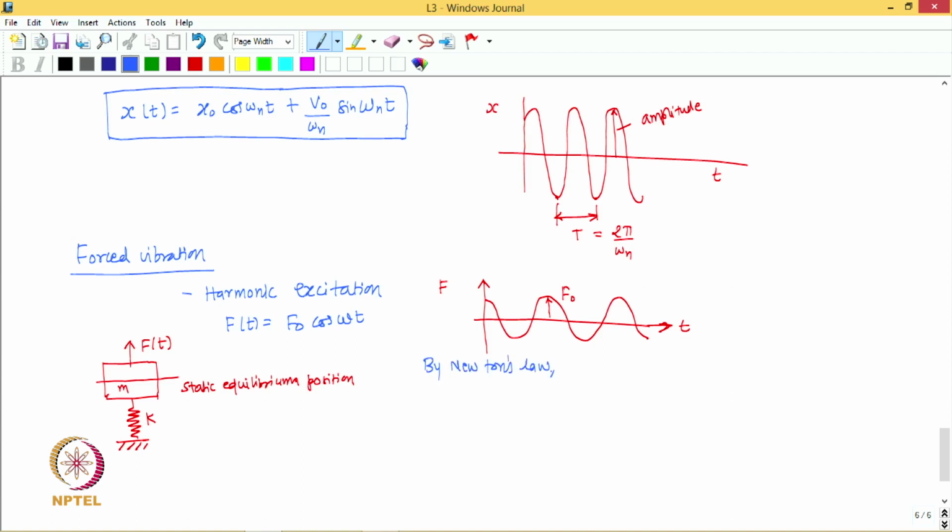Again we need to make the free body diagram of the mass. If this is the mass, we have the force f of t, the displacement, and the force due to the spring, which is k. Now the question is, should we take the static displacement of the system into account?